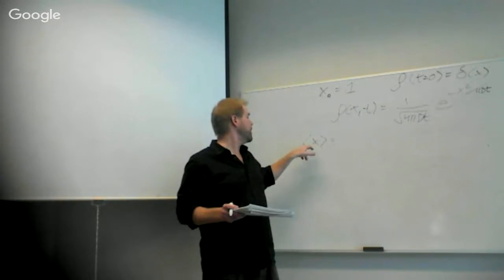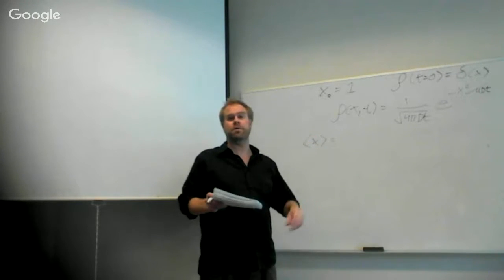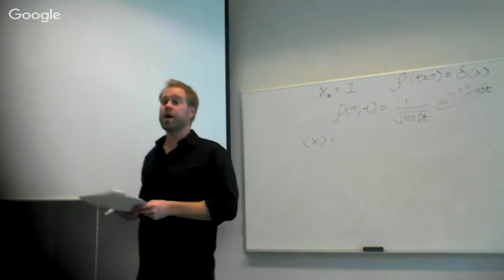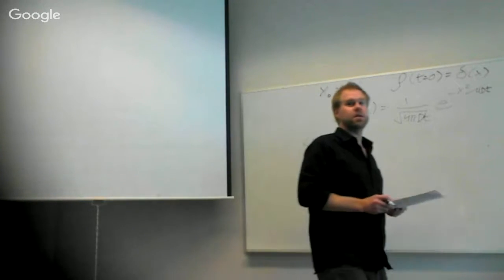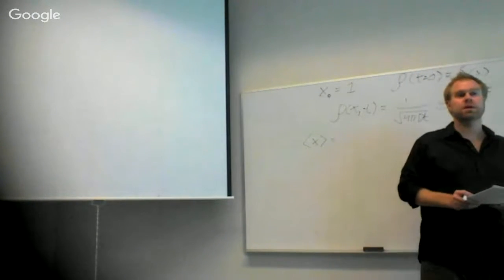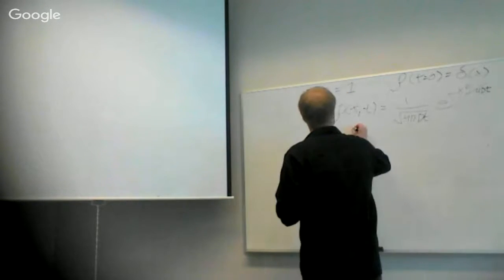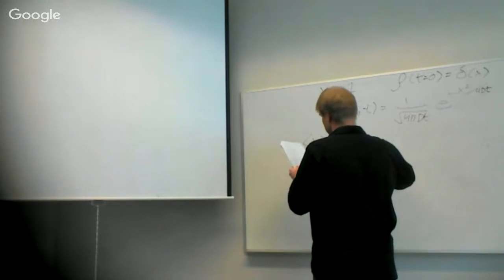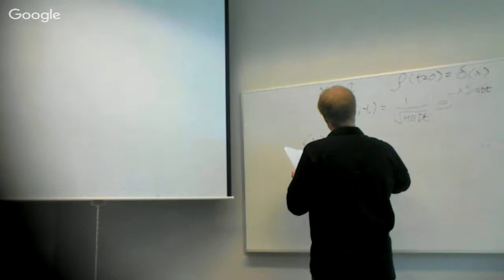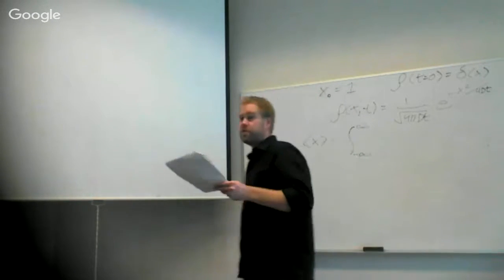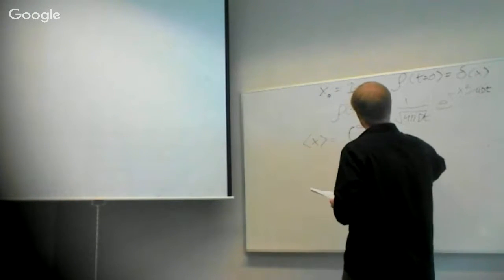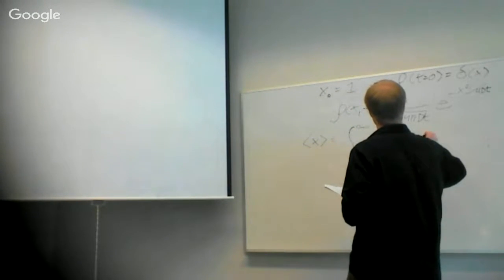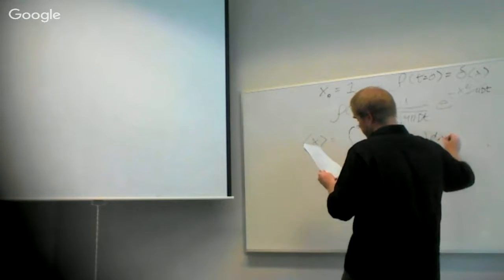And I want to calculate the mean value of x. How do I do that? So basic statistics. Yeah, okay, so you integrate over all space. We're doing this in one dimension, so this is negative infinity to infinity of x times rho of x, t.